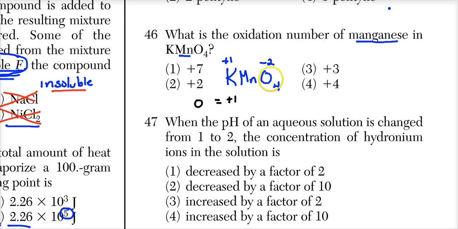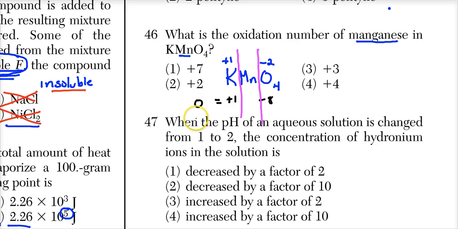Now I have 4 of them, so the overall charge due to all the oxygens is going to be -8. So if you separate your elements here in the compound, what charge do I need, plus a +1 and a -8, to give me 0? I'll say that again. What number plus a -8 and a +1 gives me 0?